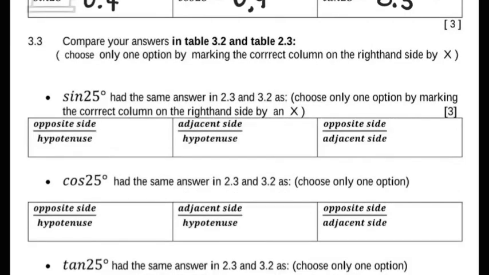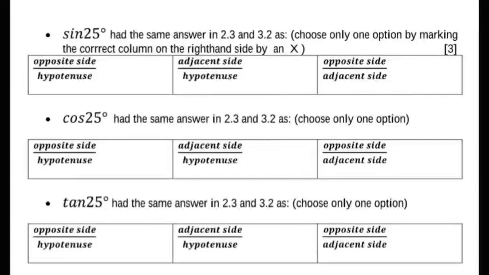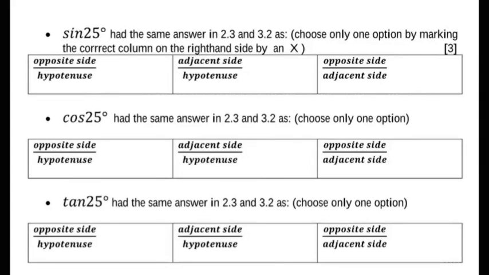3.3 now says, compare your answers in table 3.2 and 2.3. Choose only one option by marking the correct column on the right hand side by X. Okay, so firstly, it says sine 25 had the same answer in 2.3 and 3.2 as. So let's first go back to those questions, 2.3 and 3.2, and let's see what sine 25 was.